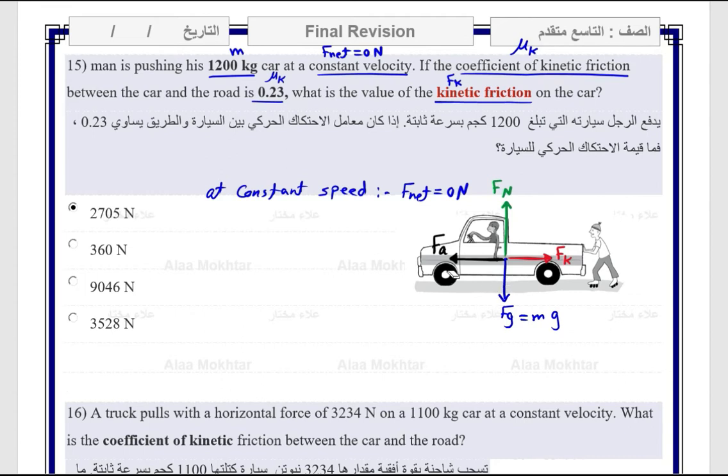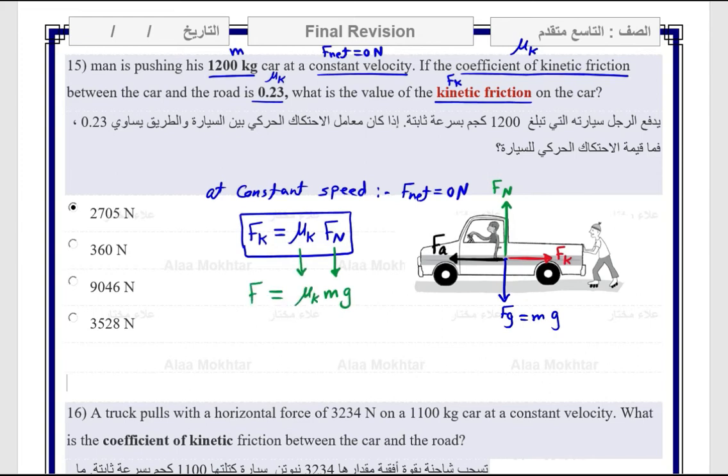There is an equation: kinetic friction Fk equals mu k multiplied by Fn, the normal force. Fk equals mu k, the coefficient of kinetic friction, times Fn. From the figure, Fn equals Fg, which I can write as mg.